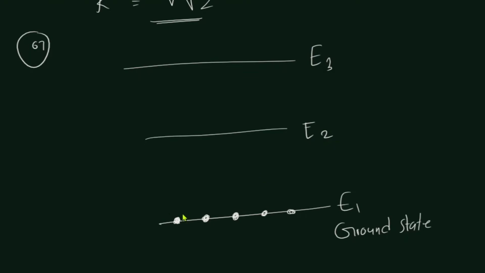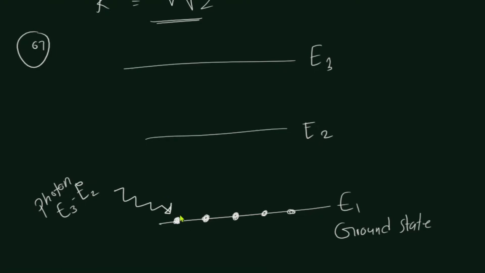What you need to do is incident a photon of energy E3 minus E2.